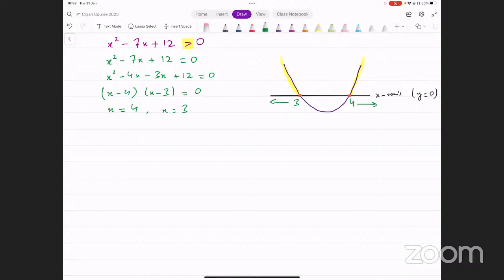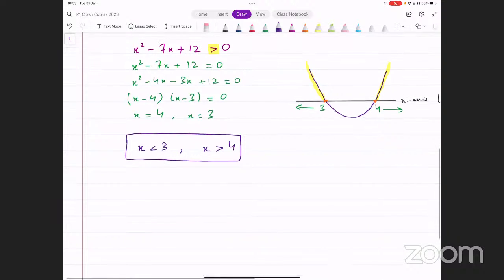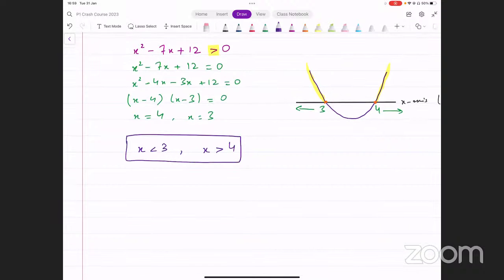One of those regions is x less than 3, the region towards the left of 3. And the other region is the region towards the right of 4. These are the two possible answers for this inequality. So either x is less than 3, then it would satisfy the inequality, or x is greater than 4, and then as well, your inequality would be satisfied.